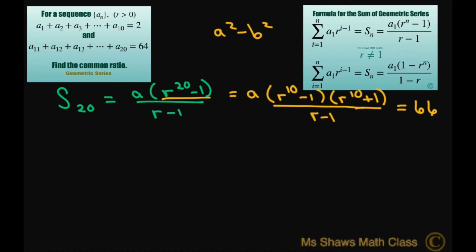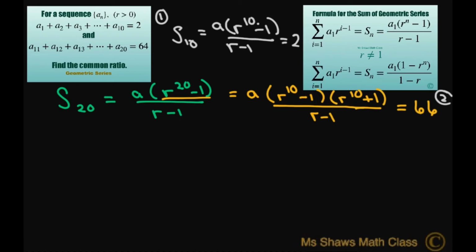Now I'm going to call this equation 2, and equation 1 is the first one we got. That one was S sub 10 equals a times r to the power of 10 minus 1, divided by r minus 1, equals 2.